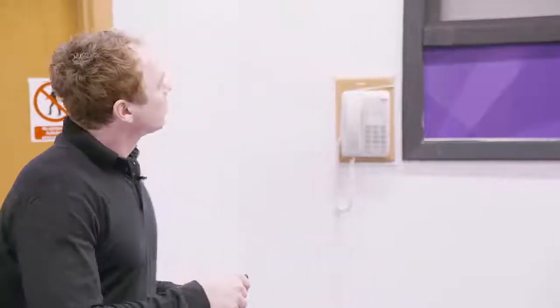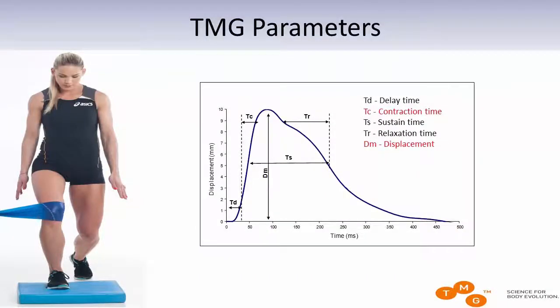So I will try to at least give you an idea of what you can expect later on, but in most cases these contraction times can range somewhere from 15 milliseconds for extremely explosive muscles up to 60 or even 70 for either very slow muscles, so predominantly slow twitch muscle fibers, or a muscle which is injured and cannot activate fast twitch muscle fibers. These two parameters combined will give you time to peak.